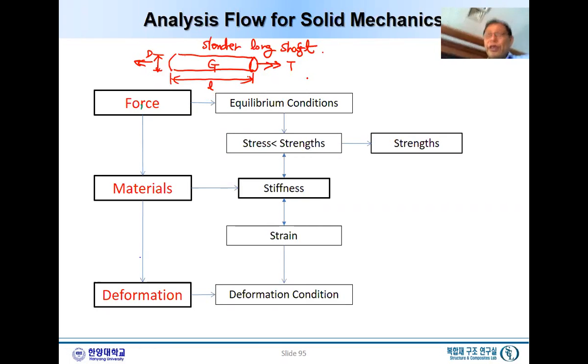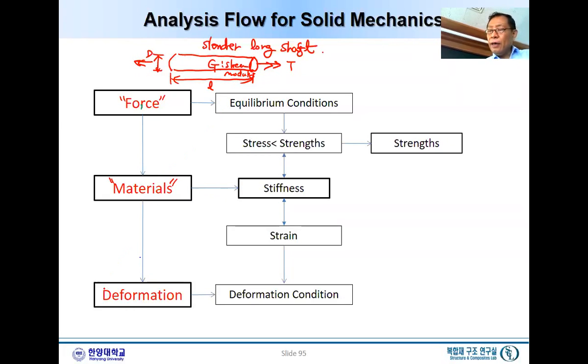Now, as you can see here, what we are given is the force. Force in this case is the torque. That is this force. And now the material is a shear modulus, and that is the material property we have to know in advance.